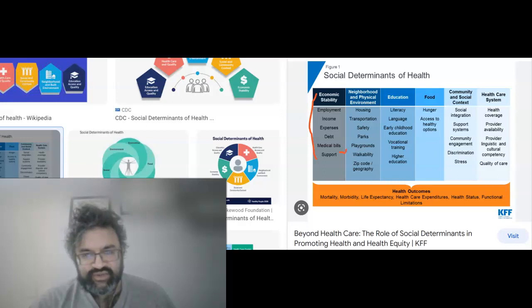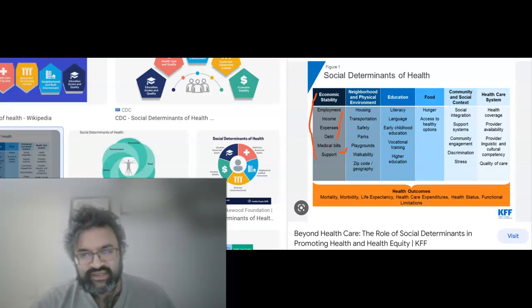And very quickly, some of these can go high, and there's a lot of different things economic stability is made up. And then neighborhood and physical environment I look at as built environment in the social determinants of health.